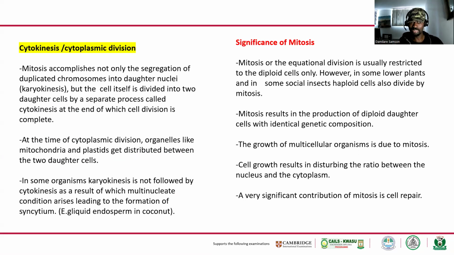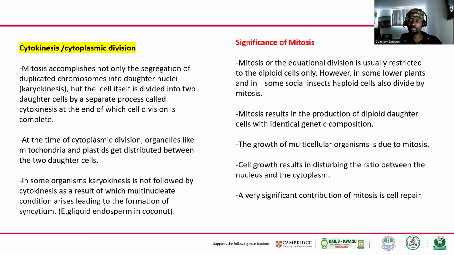Now, in some organisms, karyokinesis is not followed by cytokinesis, as a result of which a multinucleate condition arises, leading to the formation of syncytium. A very good example is the endosperm in coconut. Now, all this is just a little digression also.